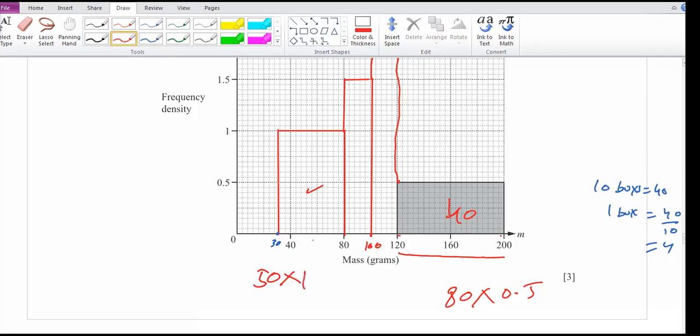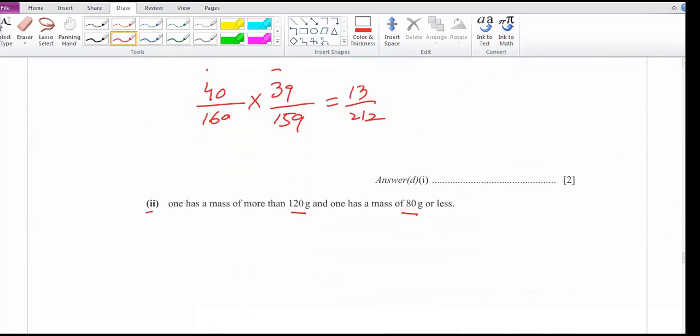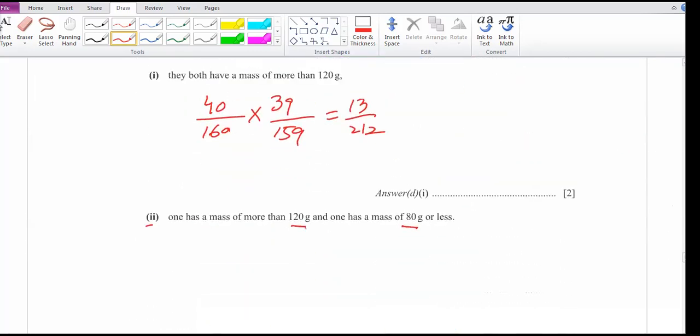So there are 50 that are less than or equal to 80. So the question is saying one has a mass more than 120 gram, and one has a mass of 80 gram or less.